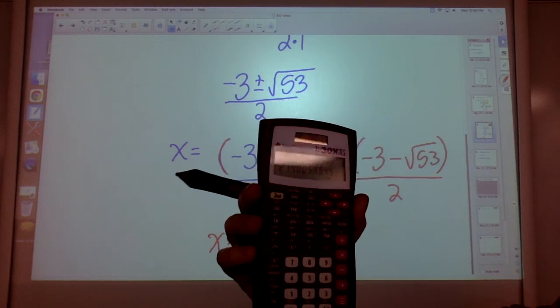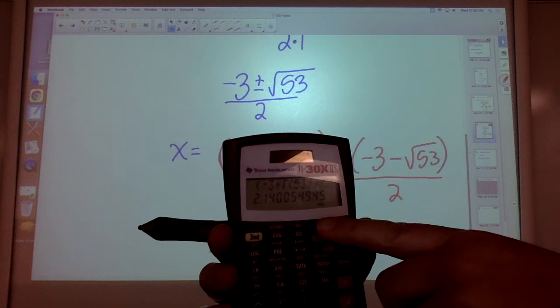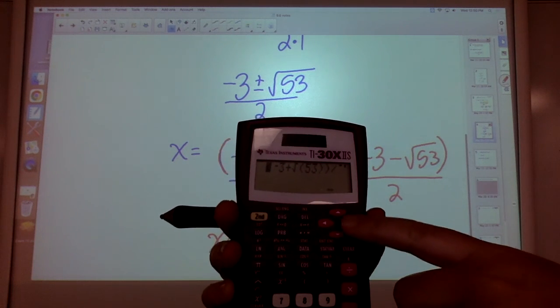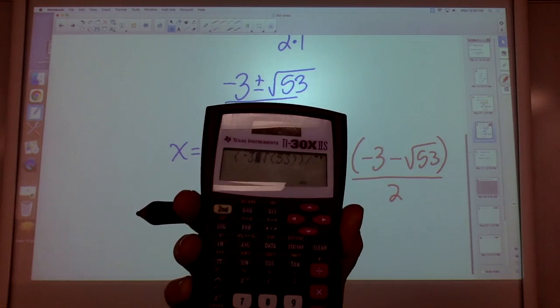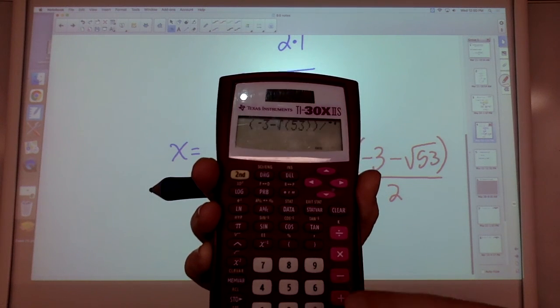Now, another cool thing about my calculator, and yours if it's like this kind, TI-30EX, hit the up arrow. I don't have to retype this whole thing. If I have a plus sign right there, don't delete it, just go put a subtraction sign over the top of it.